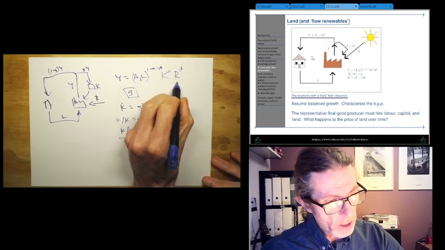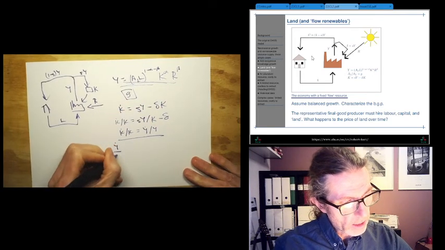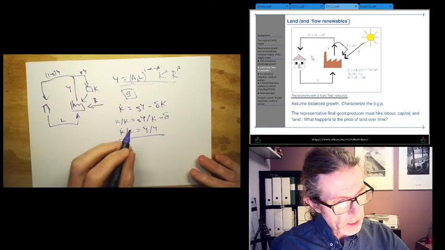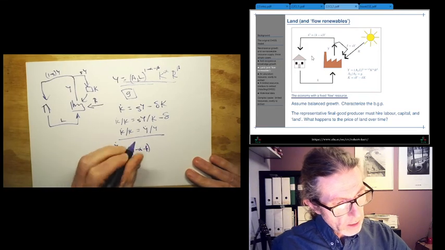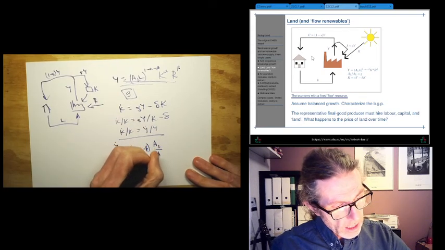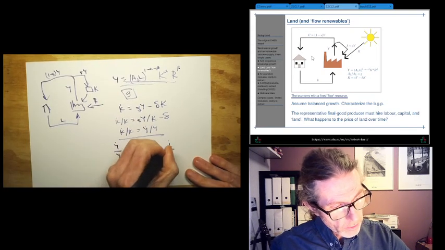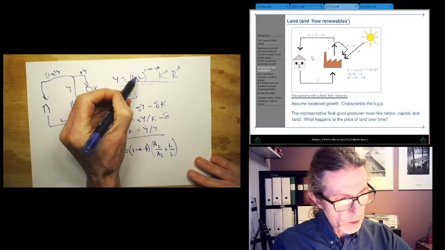Then we go up here, differentiate with respect to time and get Y dot over Y is 1 minus alpha minus beta times AL dot over AL plus L dot over L. So we can think of these as two separate terms, right?